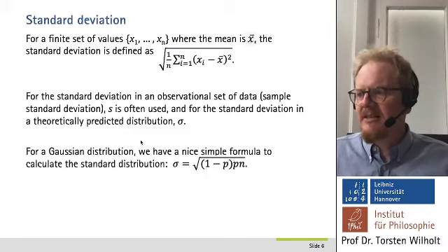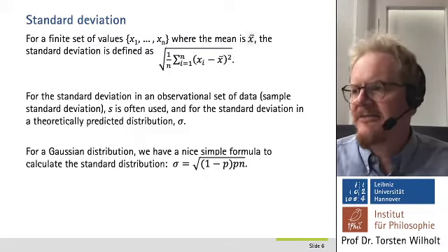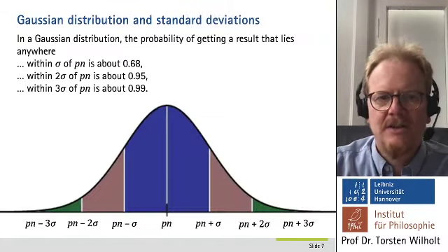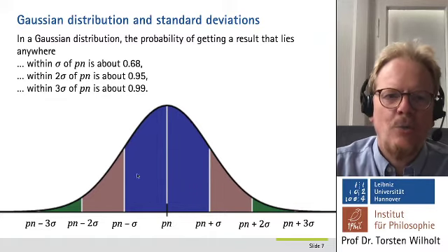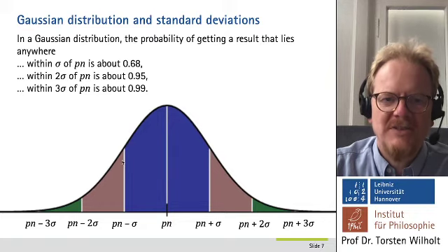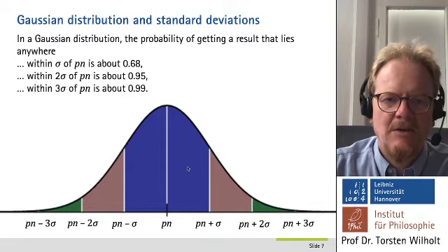And now comes another neat mathematical fact that is true for all Gaussian distributions, namely the probability of getting a result that lies anywhere within one standard deviation of the mean is about 0.68. So getting a result anywhere on this interval between Pn minus sigma and Pn plus sigma is about 68%.